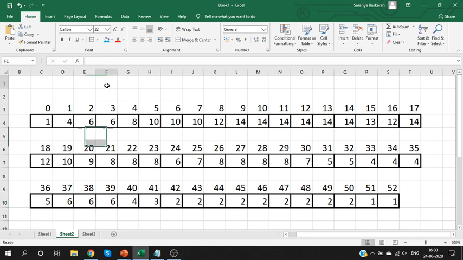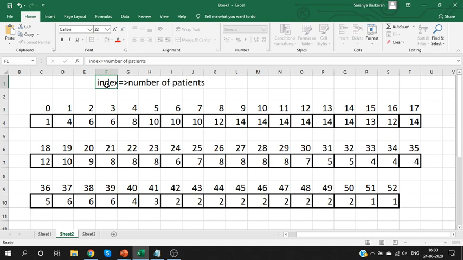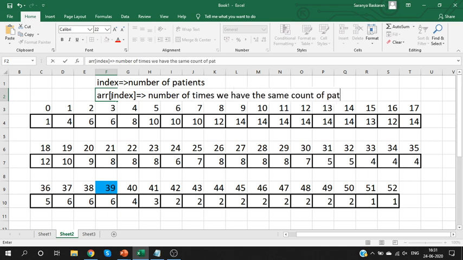So when I store my data like this, index represents the number of patients. Am I right? This 39 is nothing but the number of patients. And what is this 6? 6 times. Array of index represents the number of times we have the same count of patients.